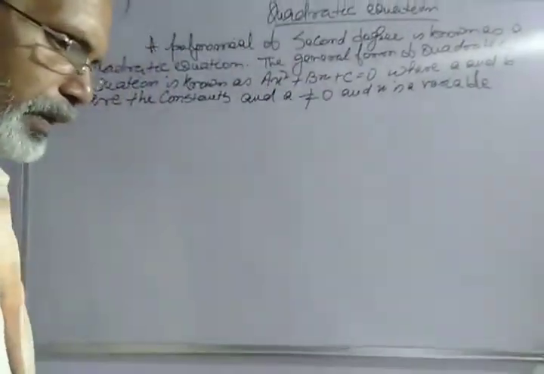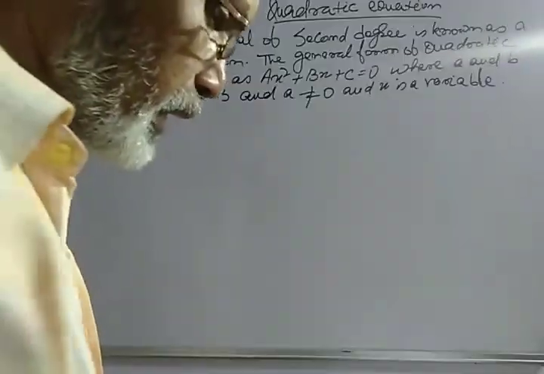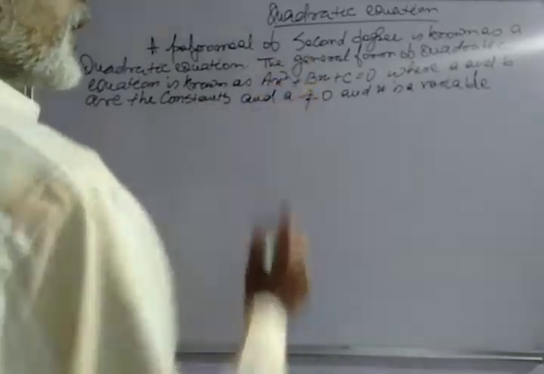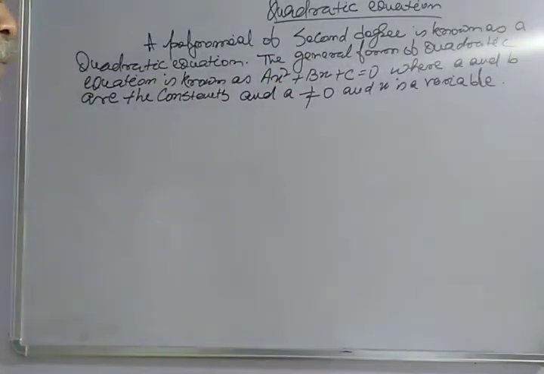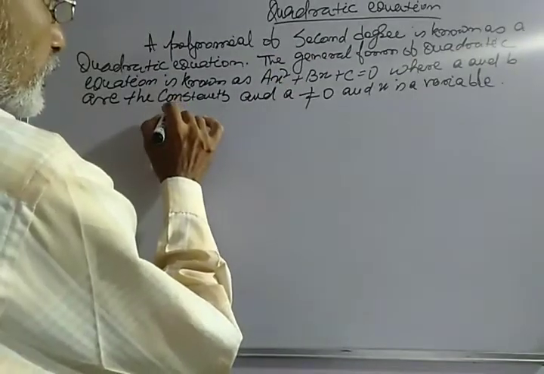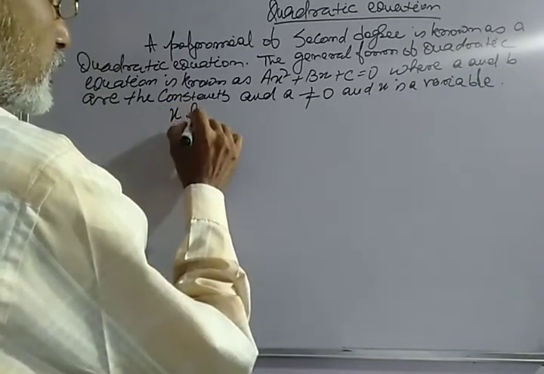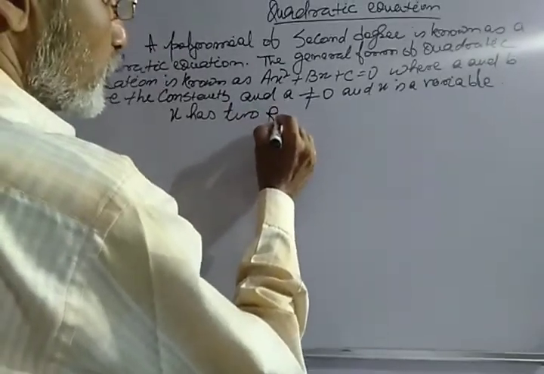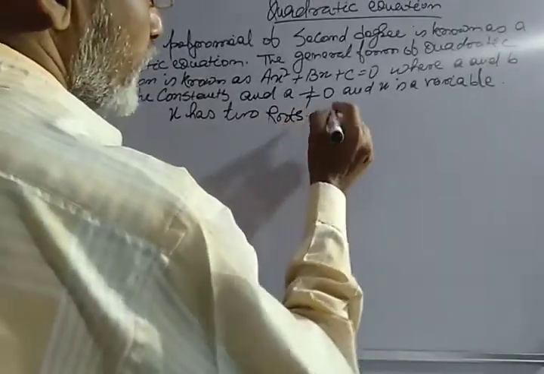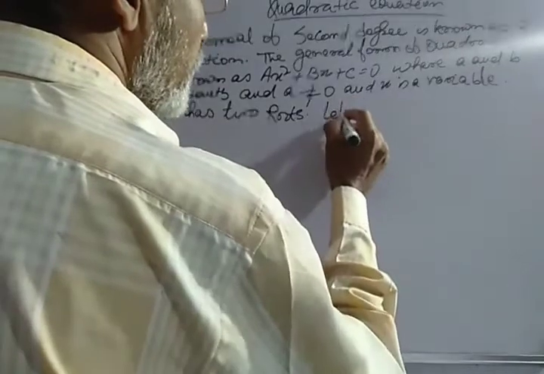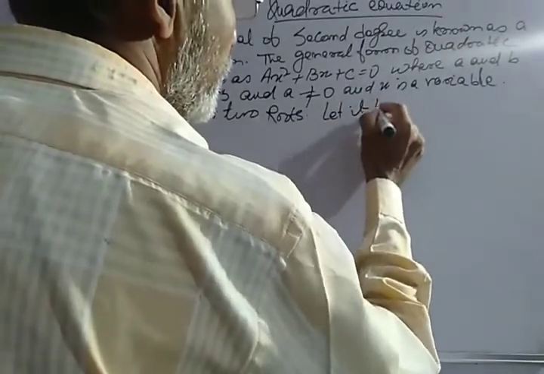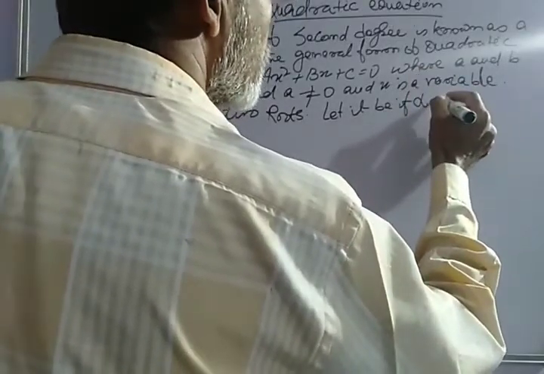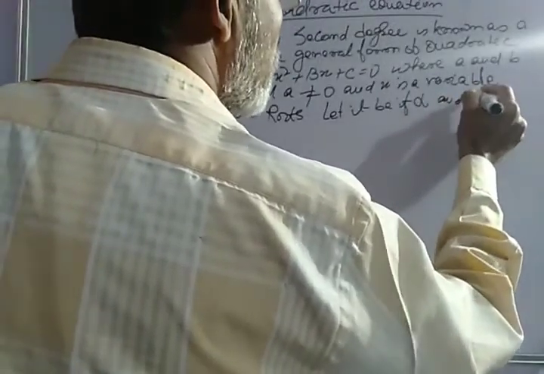If ax square is there, its degree is 2, so the equation has two roots, let them be alpha and beta.